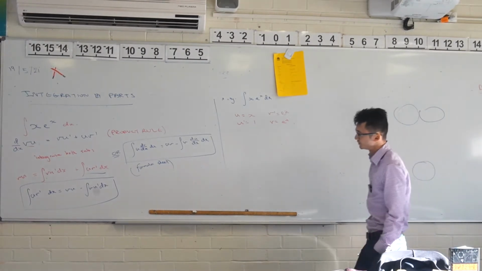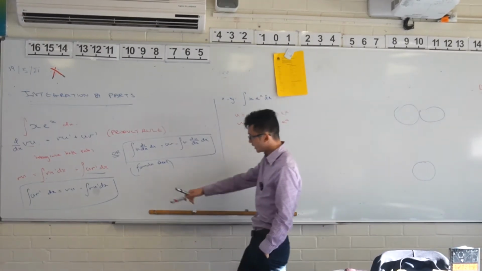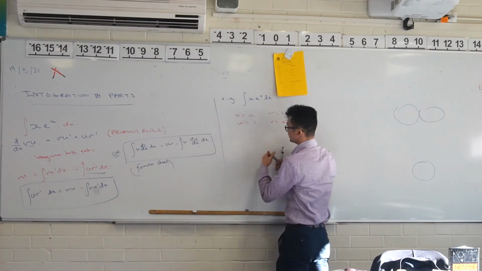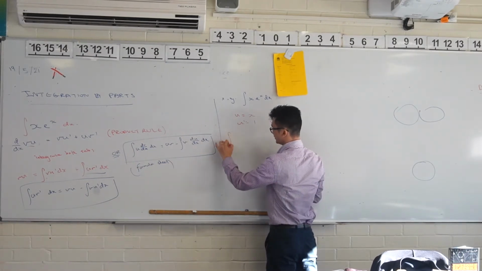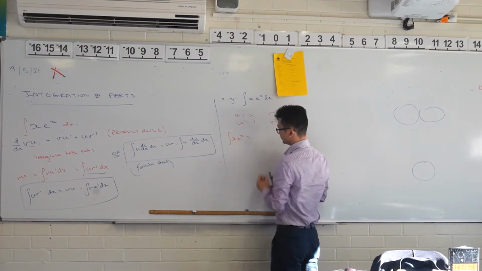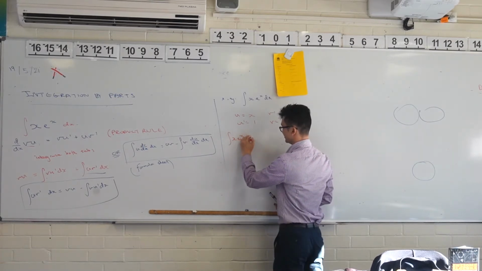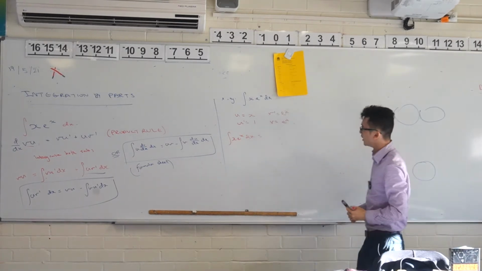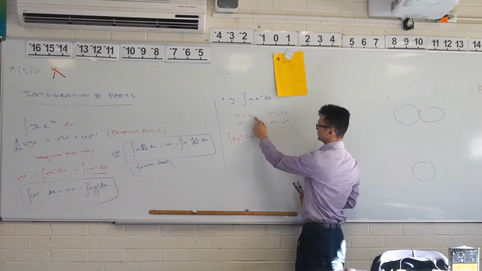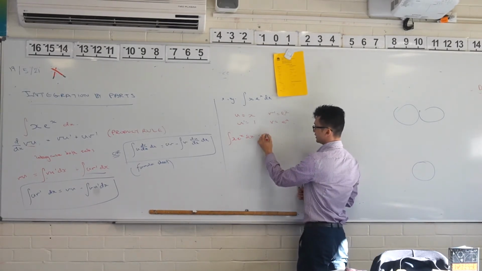So that's our situation. What's our formula saying? Our formula is saying that my integral of x e to the x would be equal to, well, what's my vu in this situation? It's x e to the x.